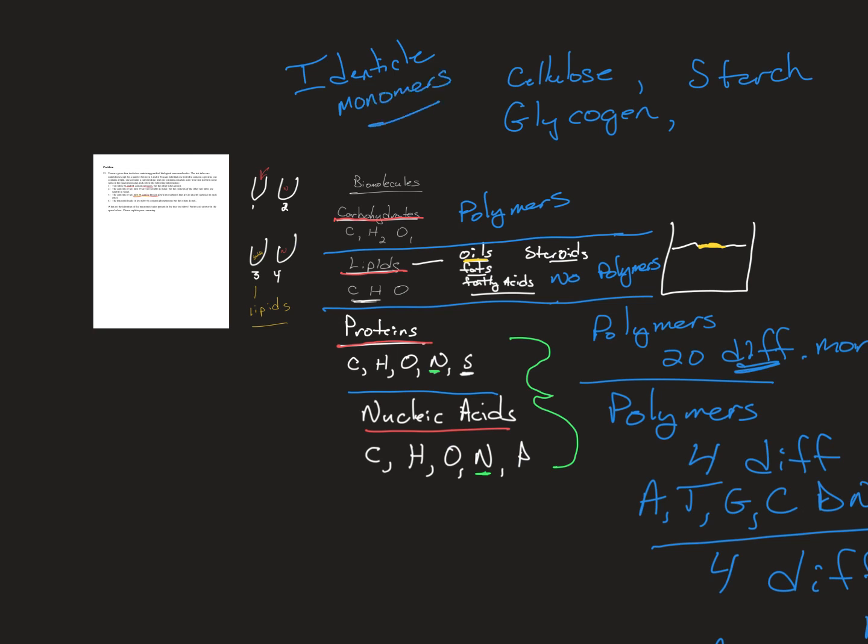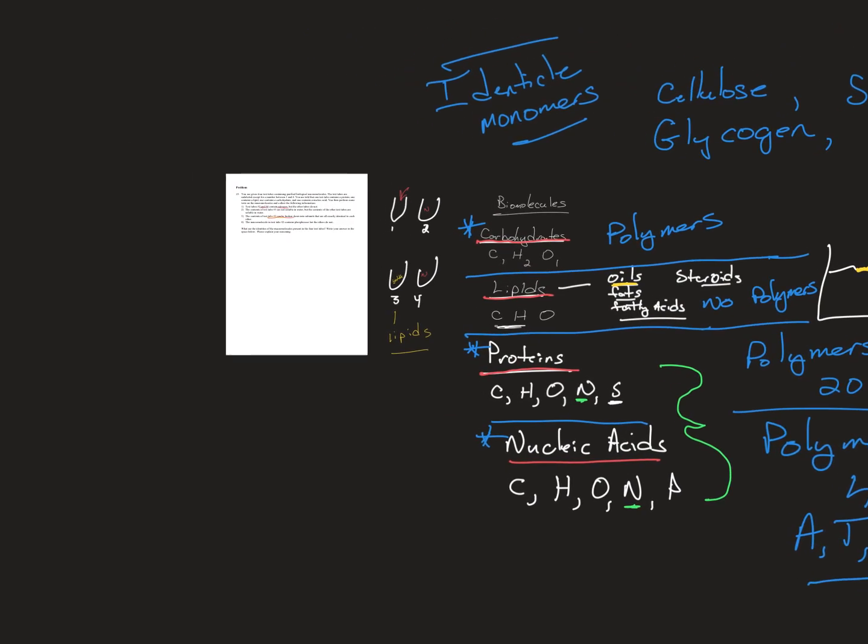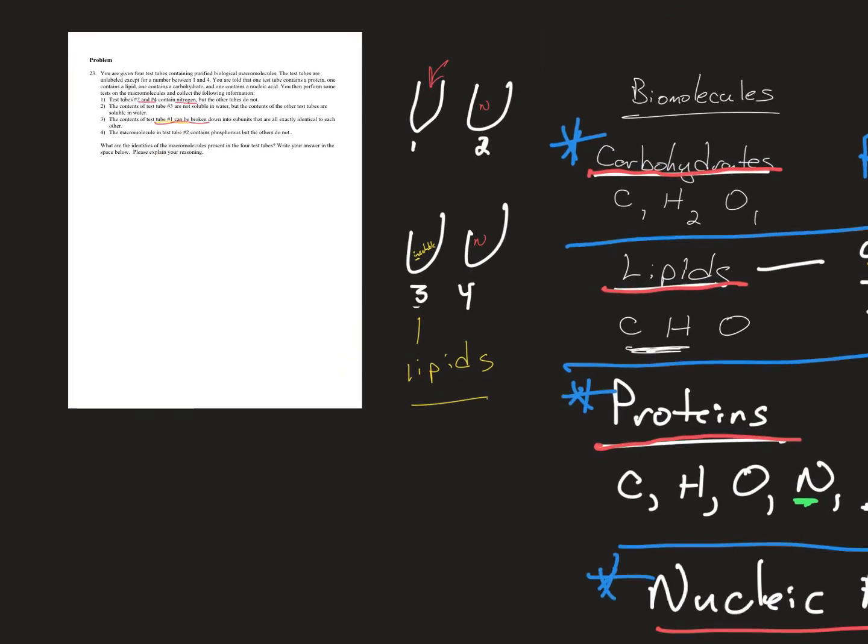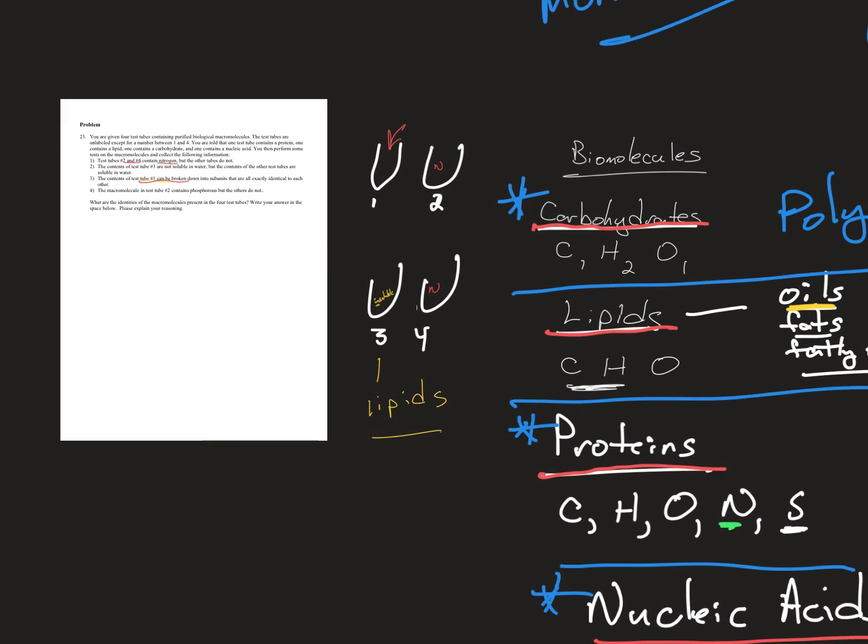Of these polymers, the only ones that have polymers are proteins, nucleic acids, and carbohydrates. Of those three, only carbohydrates have identical monomers. So this is carbohydrate.